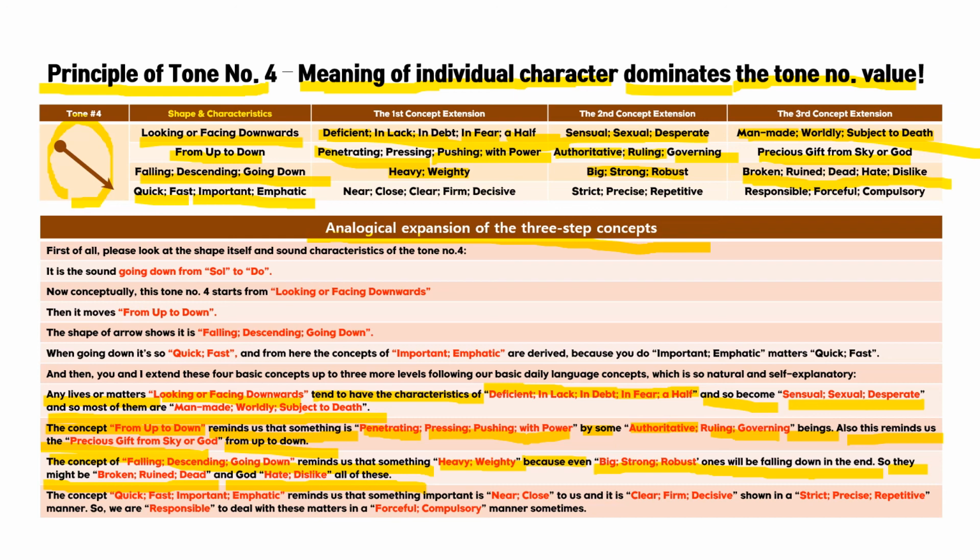And the final concept of the 4 key concepts here, quick, fast, important, emphatic, reminds us that something important is very near, close to us. And that situation is quite clear, firm, and decisive. Maybe in the end, but I hope not.